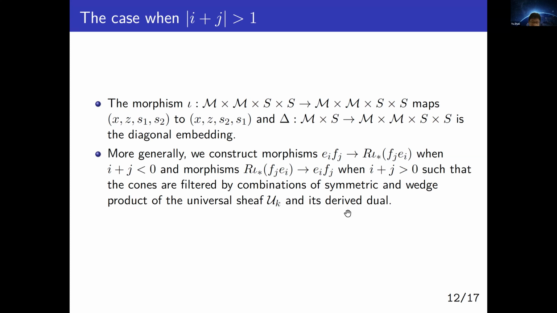This computation will be more complicated than the above two cases, i plus j equal to minus 1, 0, and 1, but the philosophy is the same. We want to compute the cone and resolve the cone by some sheaves related to the universal sheaves on the moduli space of sheaves.